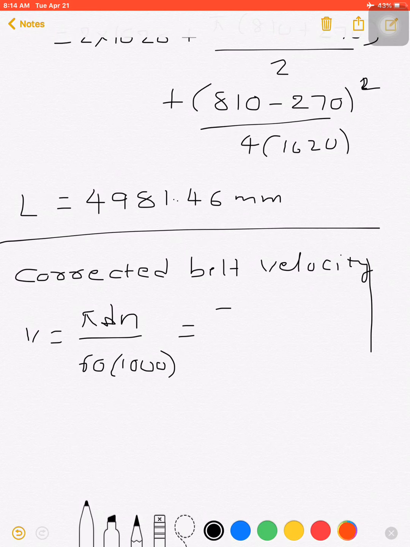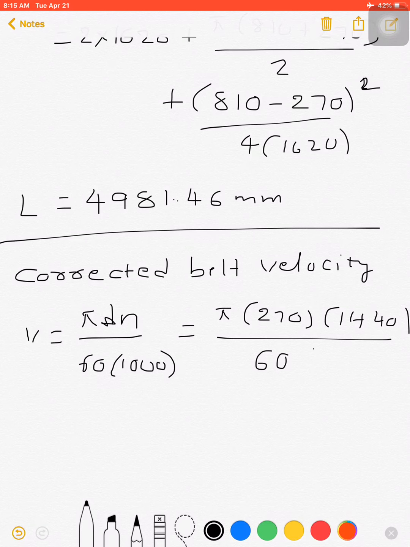Now here you have to substitute the diameter, that means 270, and the speed is 1440, by 60 into 1000. That means the corrected velocity is 20.36 meters per second.